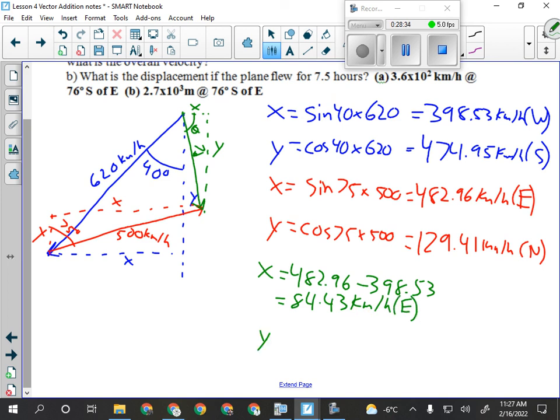And for y, we end up south of where we started. So I'm going to take the south, which is the 474, and subtract the north, which is 129.